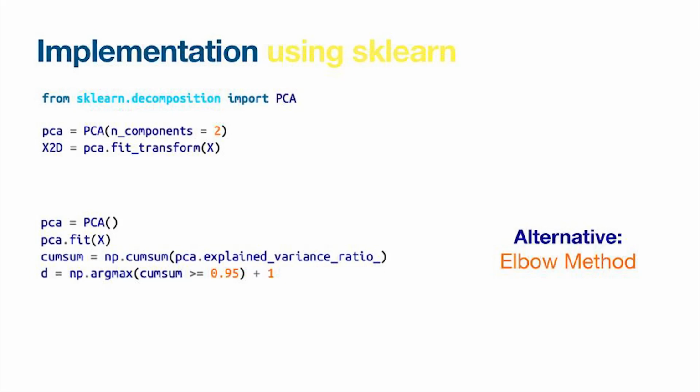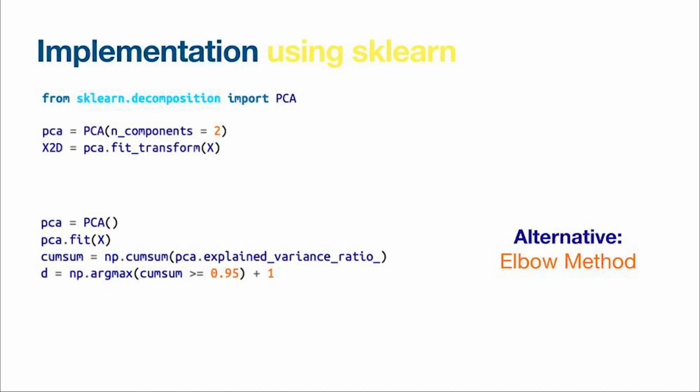In this case, you don't tell it the value of k, you just instantiate your PCA object and fit it on your features, that is your X. Then you call the cumsum function on pca.explained_variance_ratio_ and you tell it the value that you want.